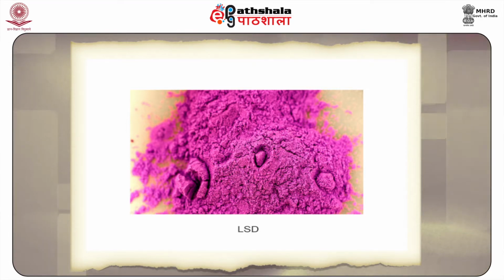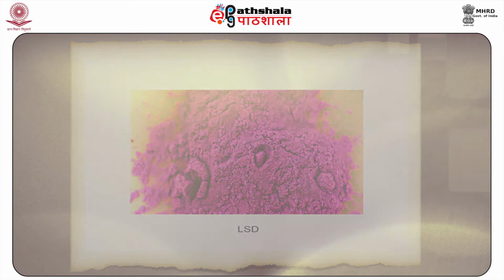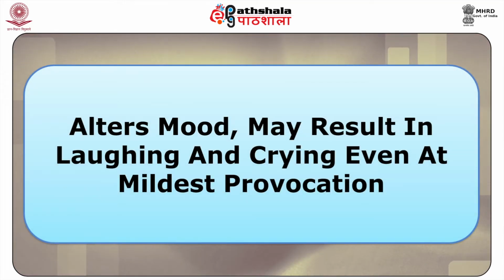LSD is synthesized from lysergic acid, a substance derived from ergot, which is a type of fungus that attacks certain types of grain. This is a very potent drug. Only 25 micrograms is sufficient to start vivid visual hallucinations that may last for approximately 12 hours. This drug markedly alters mood, which may result in laughing and crying even at the mildest provocation.